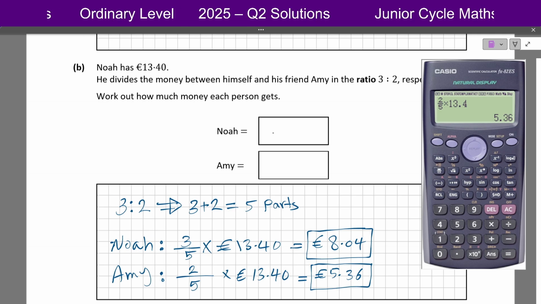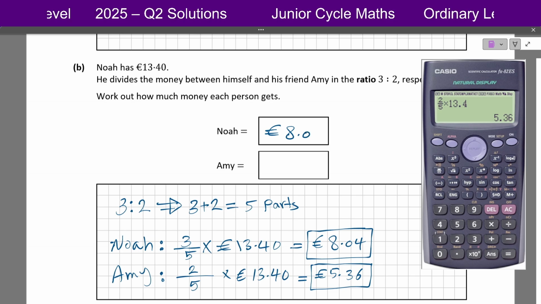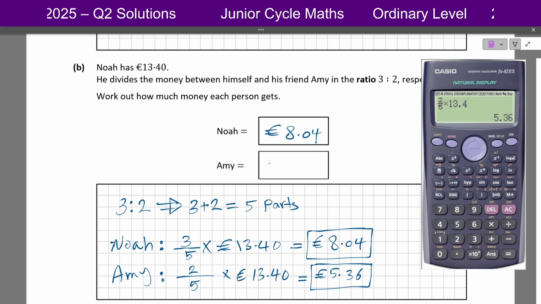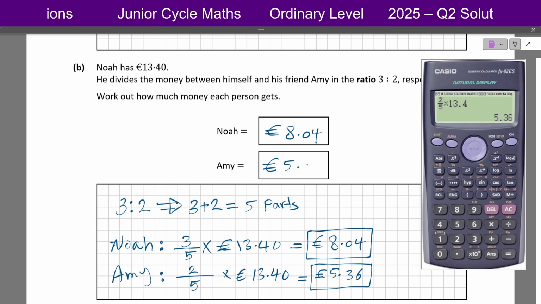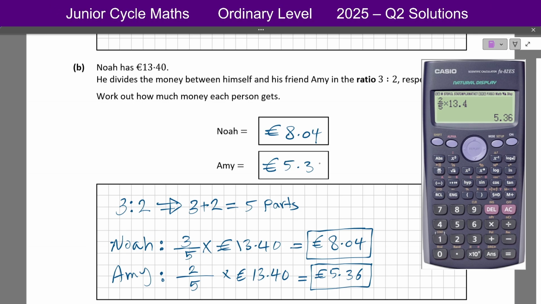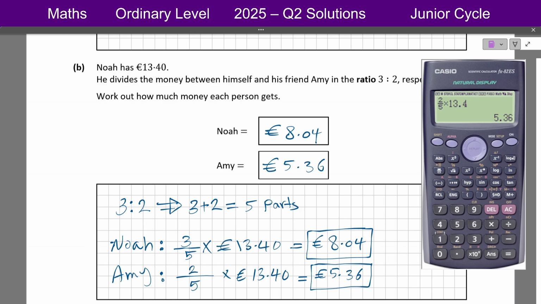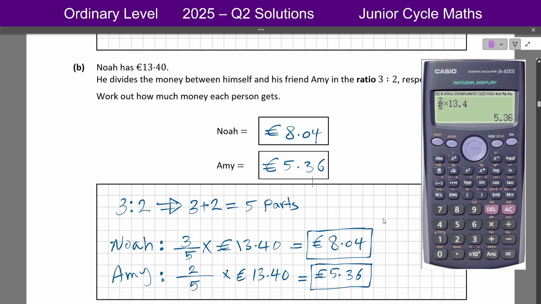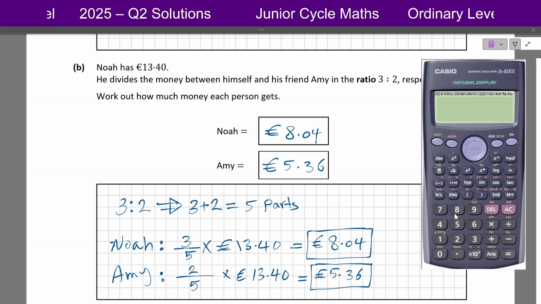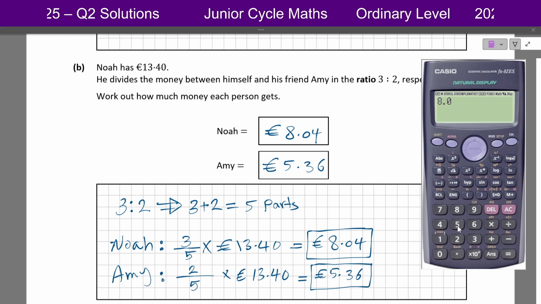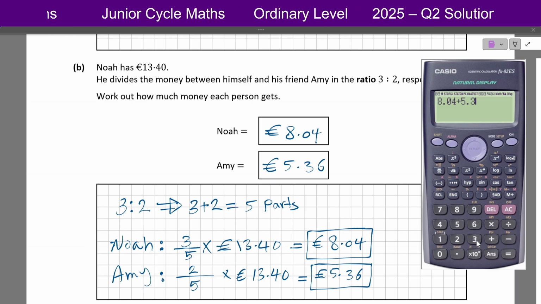So we write down the correct answer: for Noah, 8 euros and 04 cents, and for Amy, 5 euros and 36 cents. To make sure our calculation is correct, we add the two values: 8.04 plus 5.36.